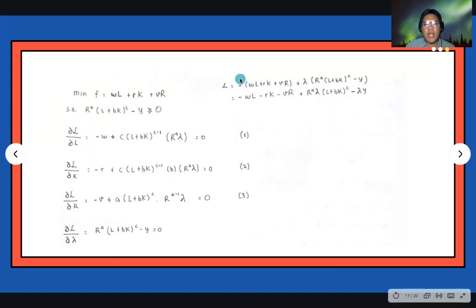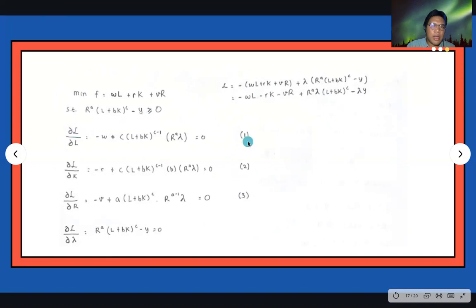However, in the Kuhn-Tucker condition, you need to add a minus as your multiplication, so you have to distribute the minus to each variable of the function. And for the constraint function, you just do the same as the Lagrange function, which is distributing the lambda to its variables here.